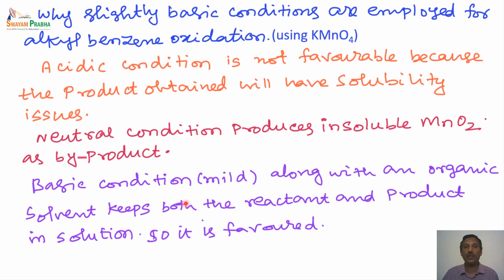Under slightly basic conditions, the reaction medium is a clear solution because of the solubility of carboxylic acids in the reaction medium. But under acidic conditions, it will be like a suspension, due to which the reaction may not proceed to completion. So solubility is one of the reasons why the KMnO4 based oxidations of alkyl benzenes are generally carried out under slightly basic conditions.